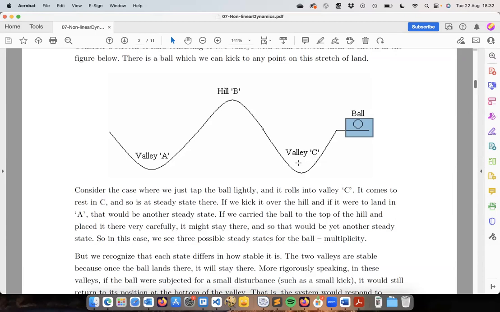So that state of that ball, it actually has three available steady states here. And these three steady states do behave differently. We have stable steady states here, and we have unstable steady states there. And so wherever we start will determine which steady state we fall into.